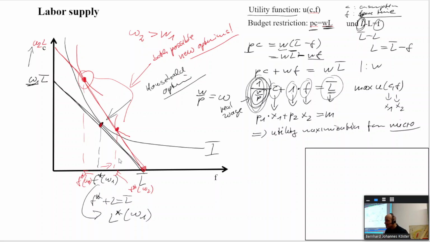And then we argued that, well, why is this possible? So increasing spare time, although real wages are increasing, well, this is due to the so-called income effect. Suppose that at this point maybe I have 5,000 euros per month, and then I say, well, I'm more or less happy with 5,000 euros per month.